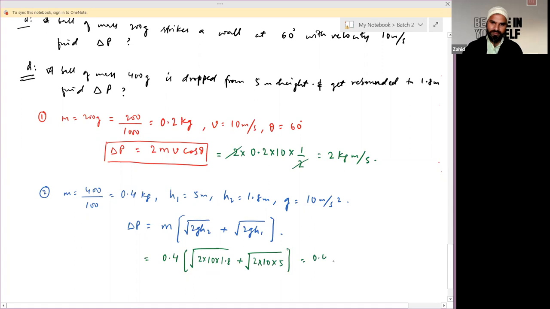So if you simplify it, 1.8 into 2 will be 3.6 into 10, that will be 36. Root of it will be 6. 5 into 2, 10 into 10, 100. So it will be just 10. So 10 plus 6, 16 into 0.4, it will be 6.4 kg meter per second.